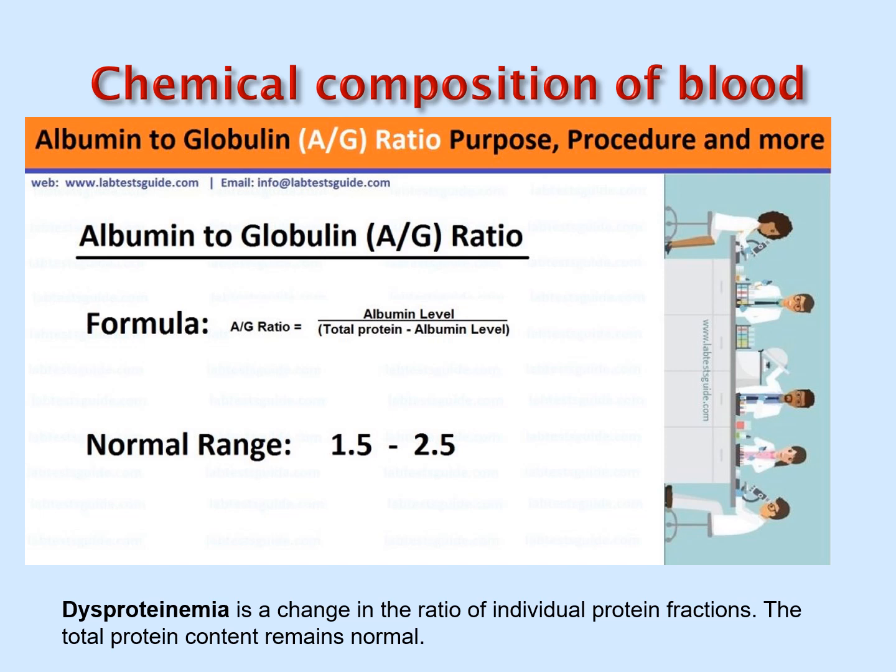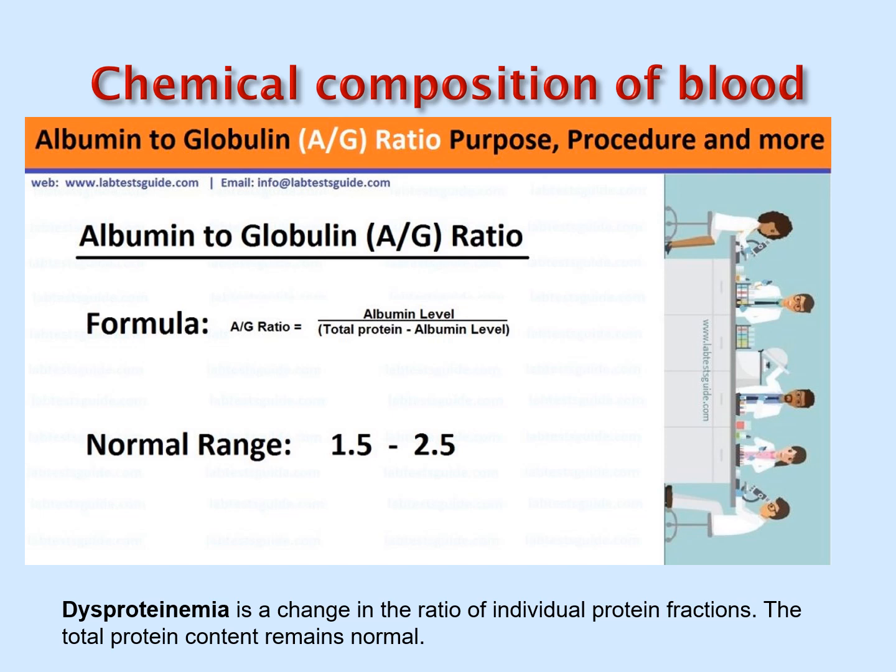Some words about the ratio, albumin to globulin, AG ratio. It is important because of the clinical importance of this ratio. Normal range is 1.5 to 2.5, and you can find here the formula for how this ratio can be calculated.